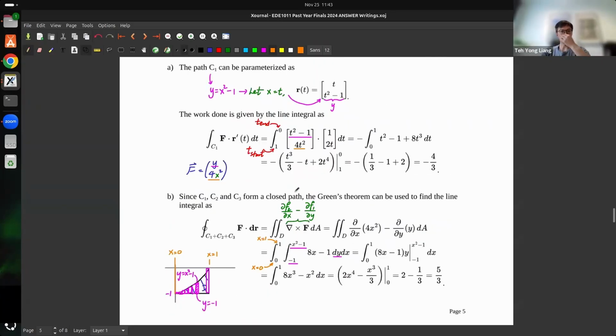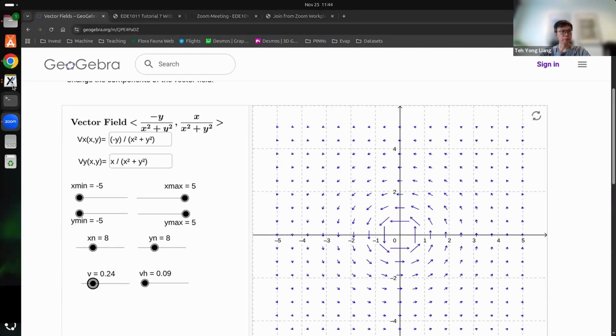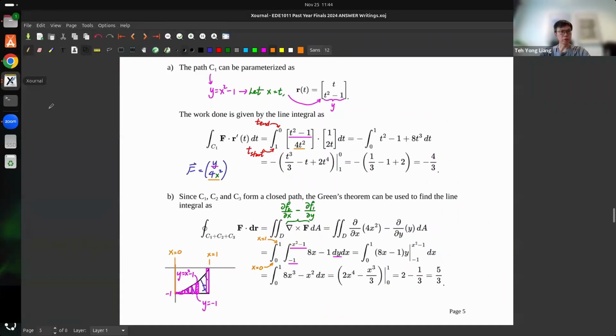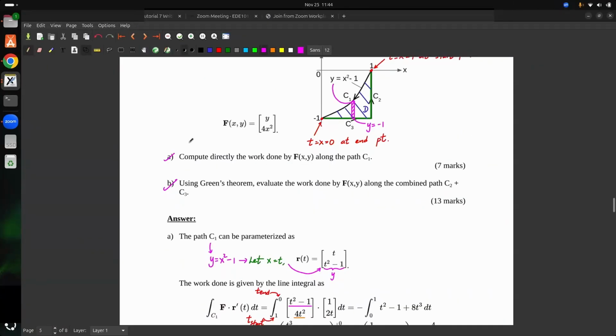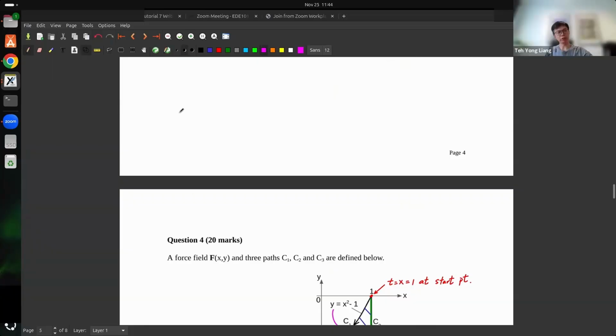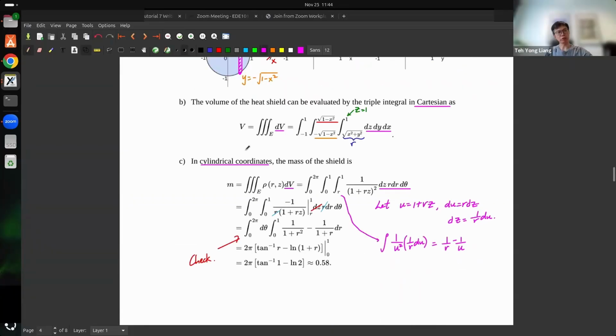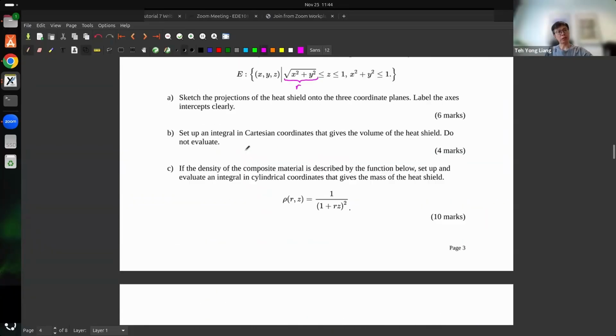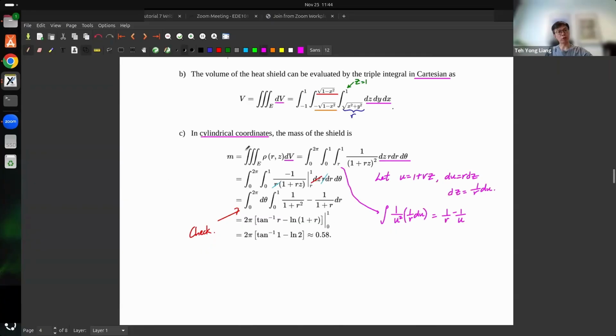Any questions with the solution? Or does anyone want to ask any concept questions, any part that is not clear? Okay, so for the past year paper questions, at least I've gone through questions 3 and 4.